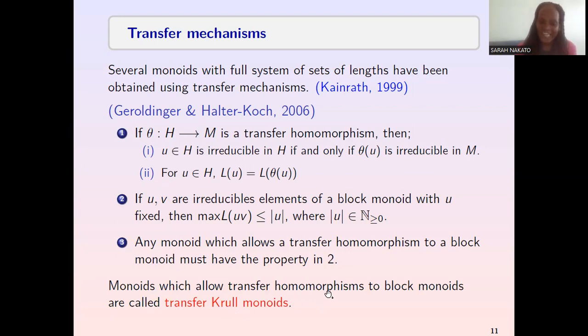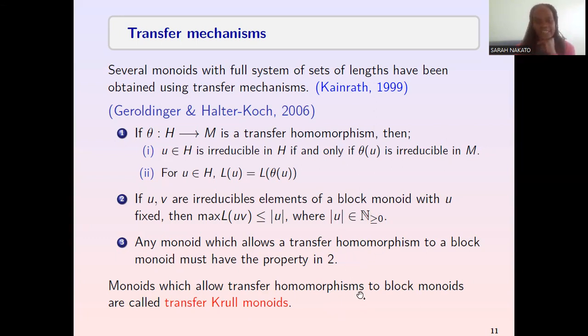So monoids which allow transfer homomorphisms to block monoids are called transfer Krull monoids, because in particular, a block monoid is Krull, and if I can have a transfer homomorphism to a block monoid, I can have a transfer homomorphism from a block monoid to any Krull monoid. Great.